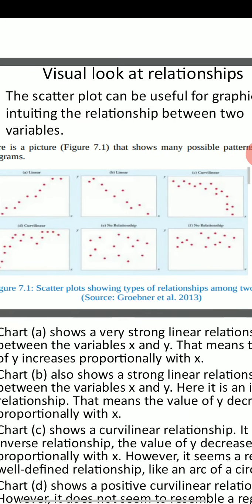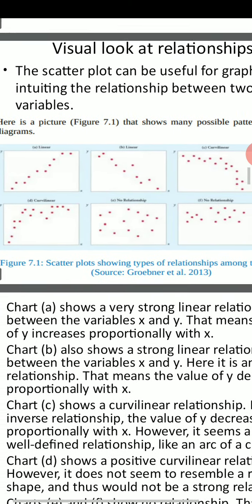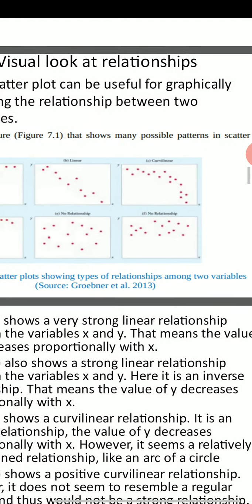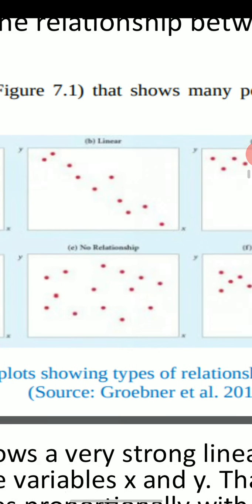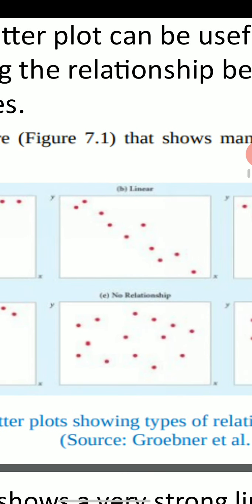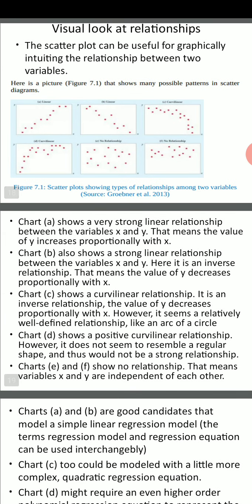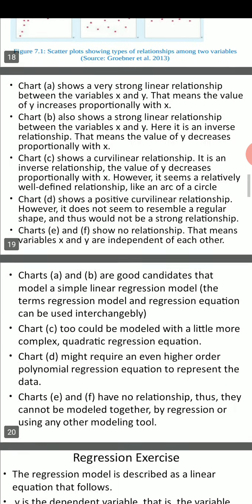Chart B shows a strong linear relationship between x and y. Here it is an inverse relationship, that means the y value decreases with respect to the x value. Is it clear? Similarly you can look at charts C, D, E and F, which show various relationships.